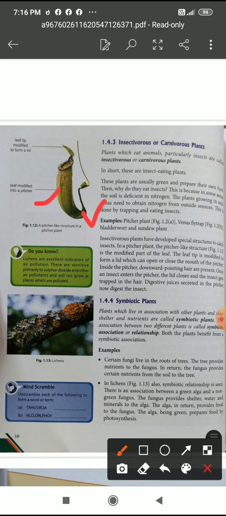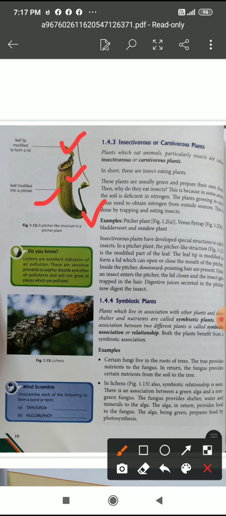Insectivorous plants have developed special structures to catch insects. In a pitcher plant, the pitcher-like structure is the modified part of the leaf. The leaf tip is modified to form a lid which can open or close the mouth of the pitcher. This is the leaf tip modified to form a lid, and this is the leaf modified into a pitcher.